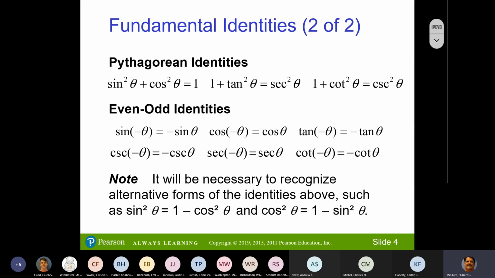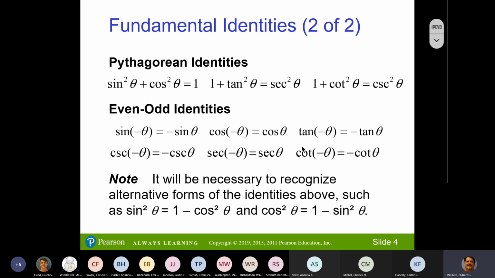Okay, Mr. Parrish, that is very true, and I'll tell you why. It's kind of like completing the square. Teachers don't teach it because they don't know it. And that's why a lot of teachers don't teach completing the square, and a lot of teachers don't go into identities because they don't understand them or they don't like them. Okay, so that does happen in a lot of pre-cals. They just go over the good stuff. They don't go over the stuff they don't want to go over.